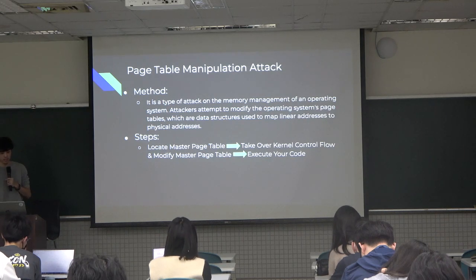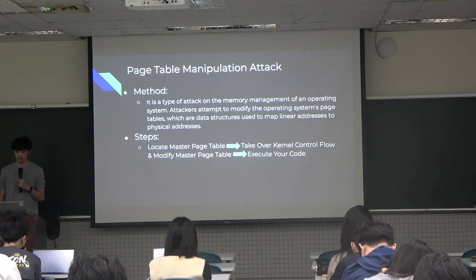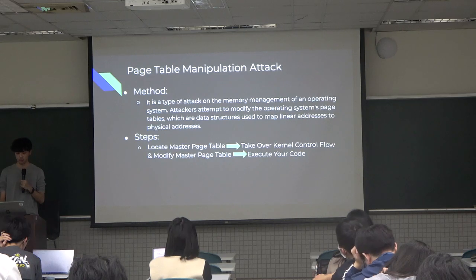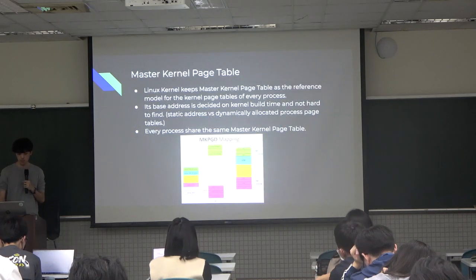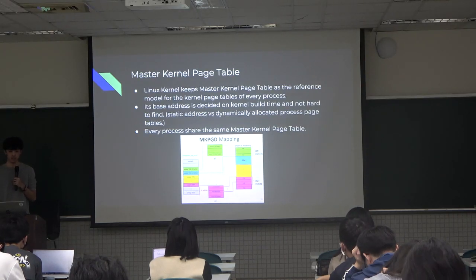So the steps are: you first locate the master kernel page table, and you take over control flow and modify the master kernel page table, and then you can execute your custom code. So what is the master kernel page table? The Linux kernel keeps a master kernel page table as the reference model for the kernel page table for every process.